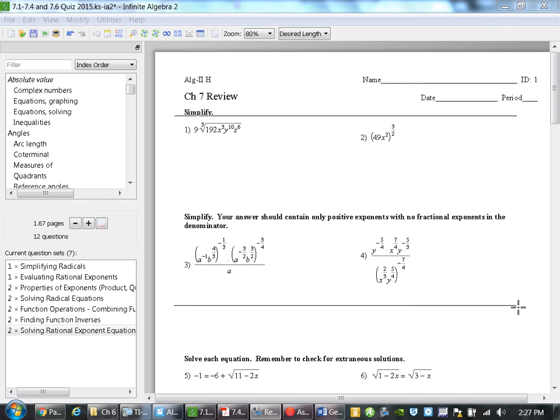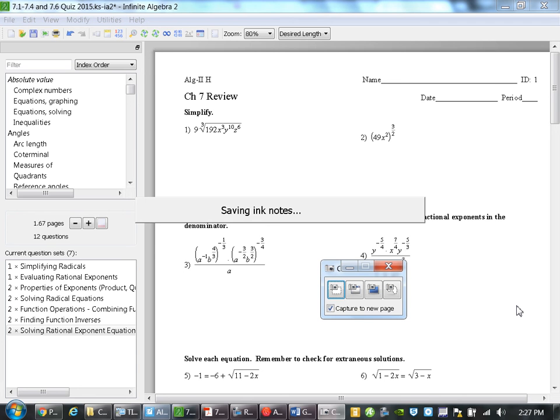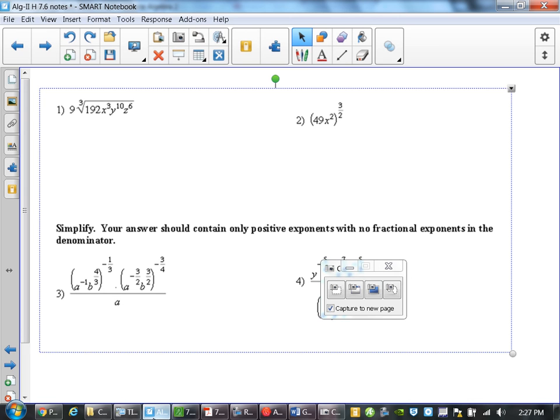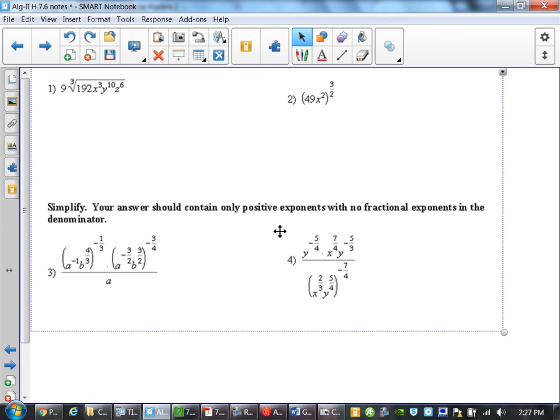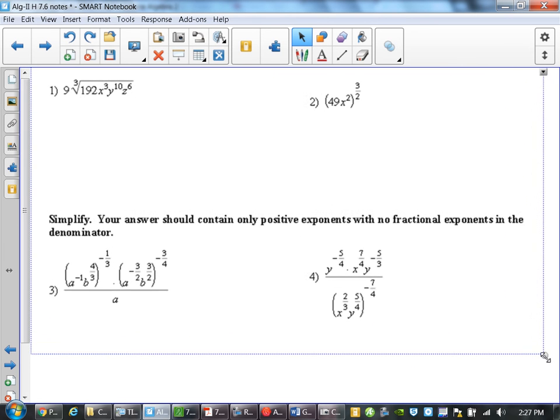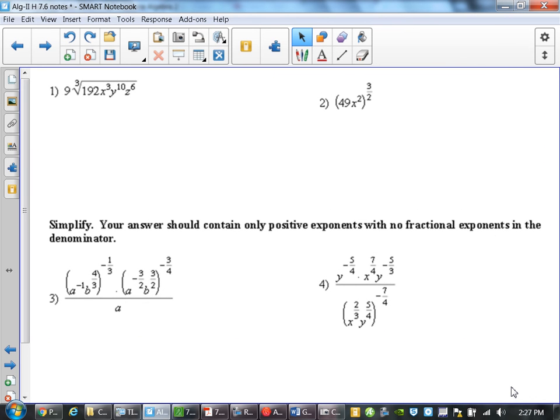I want to look at the first four. The other parts of these are pretty straightforward. The first four are the ones that it's been a while since we've seen.